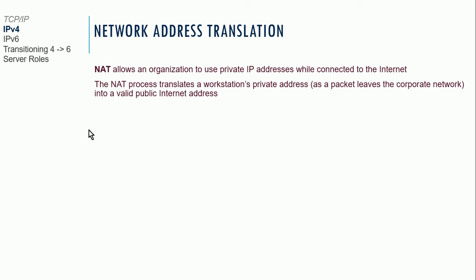So if we're going to use these private IP addresses, then we have to have a way to communicate with the wider outside world. So that's what network address translation does for us. It translates our private addresses inside our network to public addresses that are outside our network. In other words, if I make a request to google.com for a web page, Google can't communicate with me on my 10. something address or my 192.168.5.3 address.